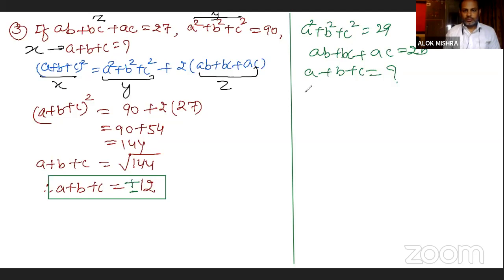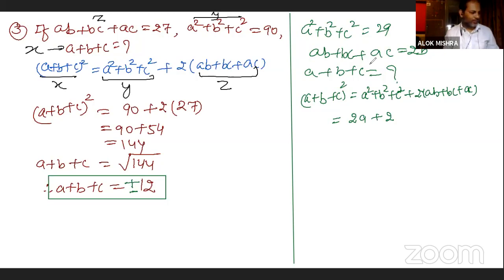So let me solve the question. What do I get? A plus B plus C the whole square is equal to A square plus B square plus C square plus 2 times (AB plus BC plus AC). A plus B plus C is the value which is being asked. So this is 29 plus 2 times (AB plus BC plus AC).